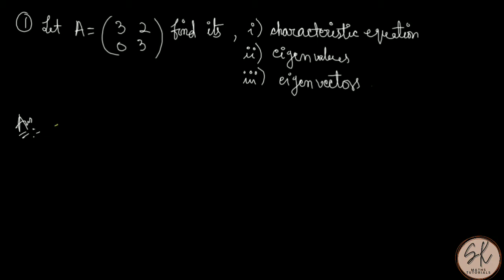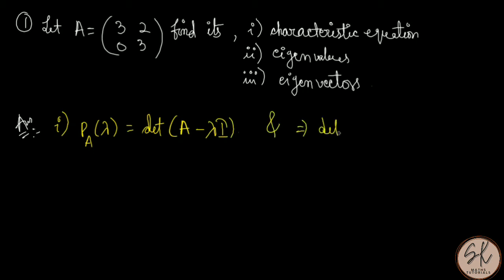So the characteristic polynomial, bit 1, is given by P_A(lambda) equals determinant of A minus lambda I. And the characteristic equation is determinant of A minus lambda I equals 0.